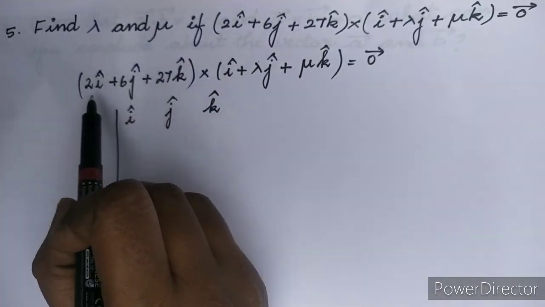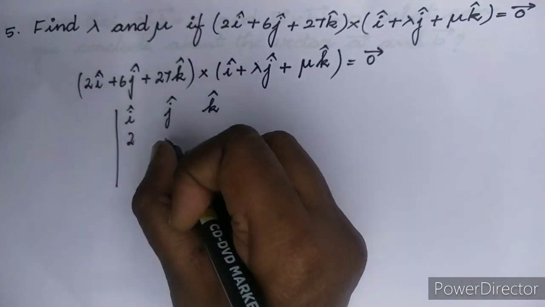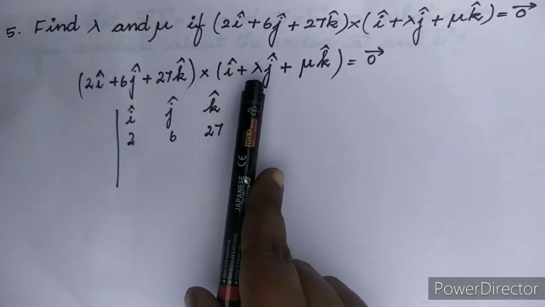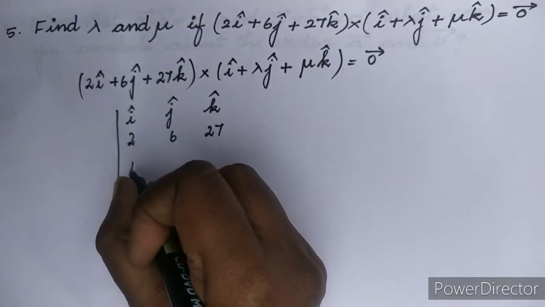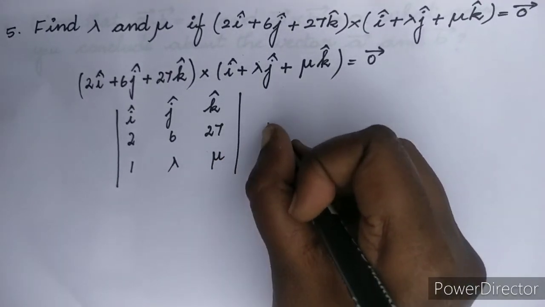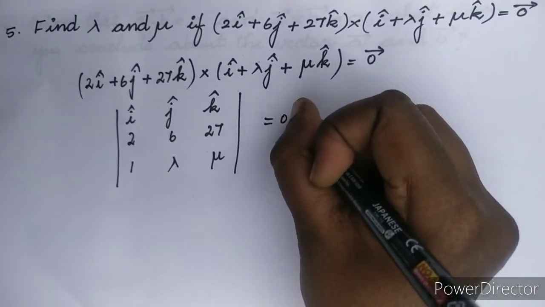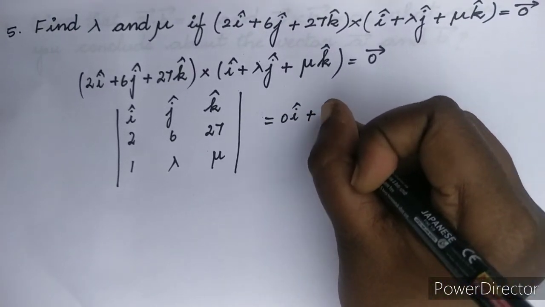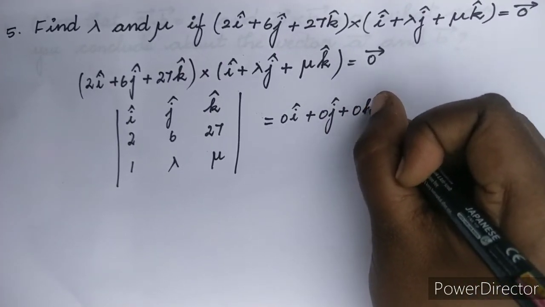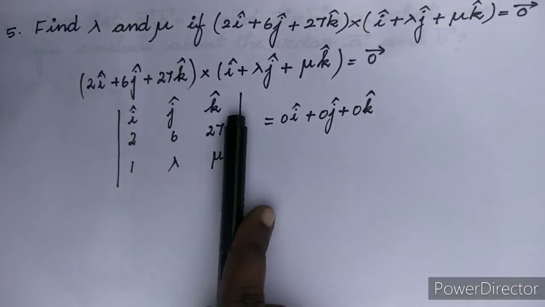Next we are going to fill with the scalar components of these vectors, that is 2, 6, 27 and 1, lambda, mu, which is equal to 0 vector, you can write it as 0 i cap plus 0 j cap plus 0 k cap. Now we are going to expand along row 1.